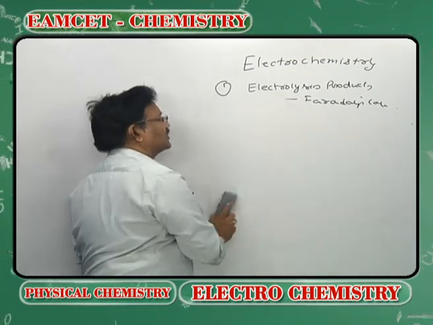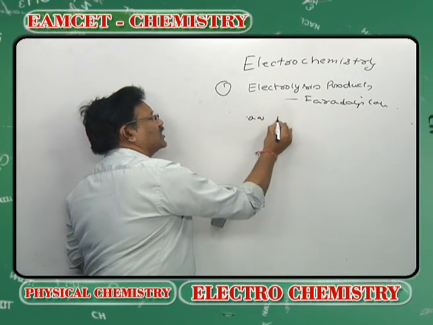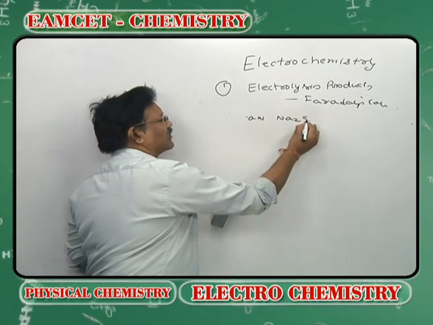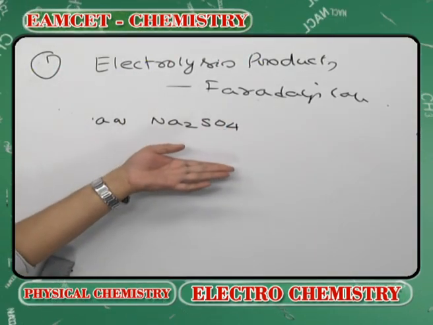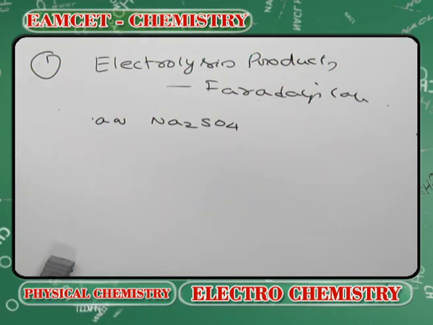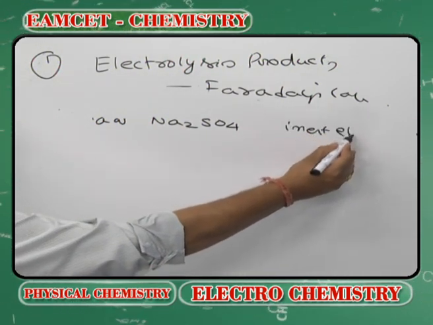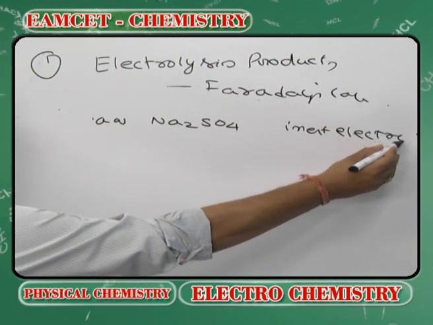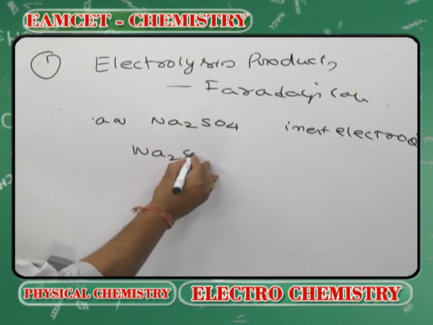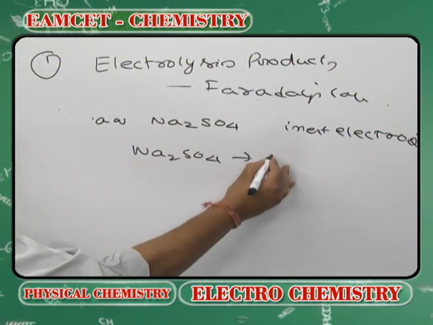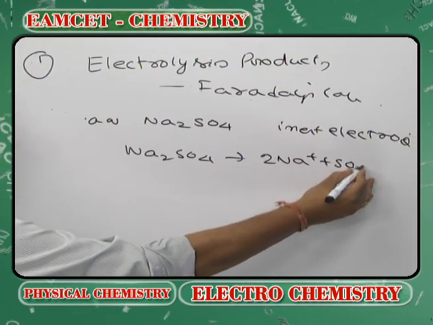Let us take one example. When aqueous Na2SO4 is electrolyzed using inert electrodes, how quickly can we identify the products? Na2SO4 on ionization produces Na plus ions and SO4 2- ions.